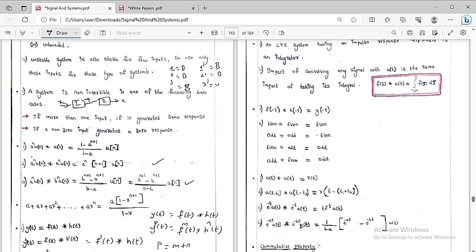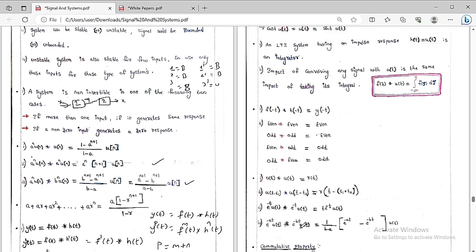In place of b, substitute 0. Then what you are going to get is minus 1 by a into e to the power of minus at minus e to the power of minus 0, into u of t. If you further simplify, you are going to get 1 by a into 1 minus e to the power of minus at into u of t, right?